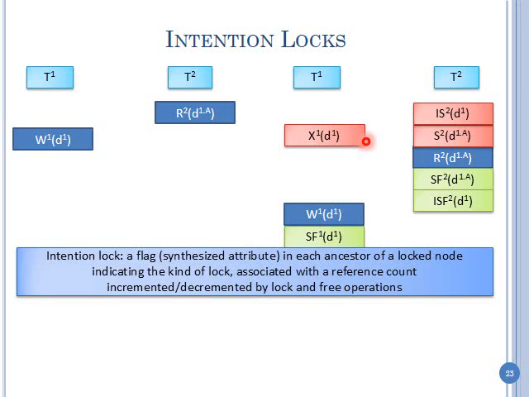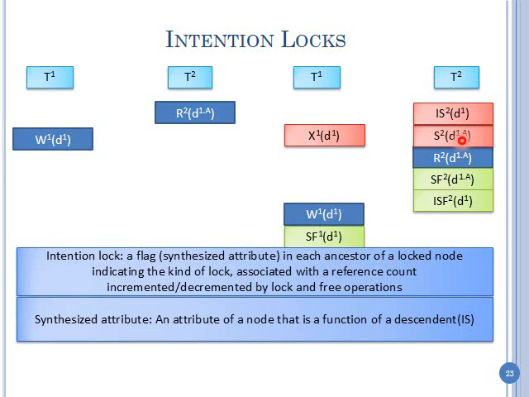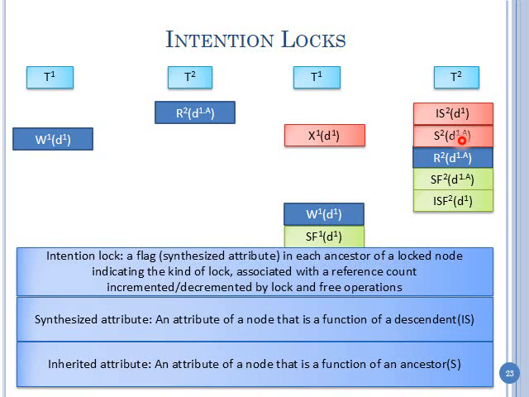You can't allow an int to be used as a double. What you're seeing here is a synthesized attribute: the shared lock at the child creates a synthesized attribute at all the parents. It's dependent on that. You can evaluate it each time, or you can store the value as a cache, and that's what we're doing here. So a synthesized attribute is an attribute of a node that is a function of a descendant, and an inherited attribute is an attribute that is a function of its ancestor.